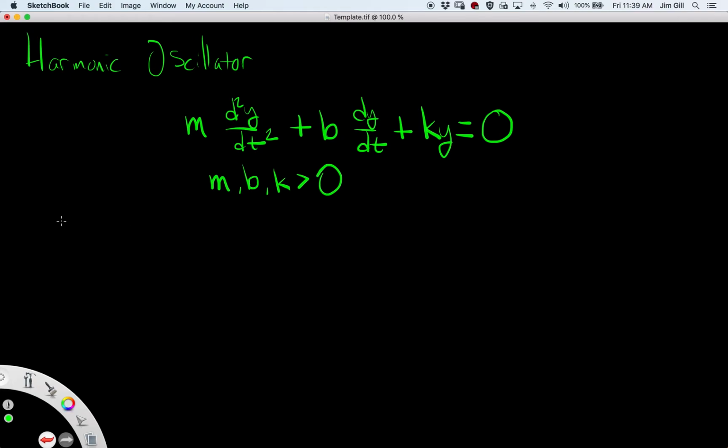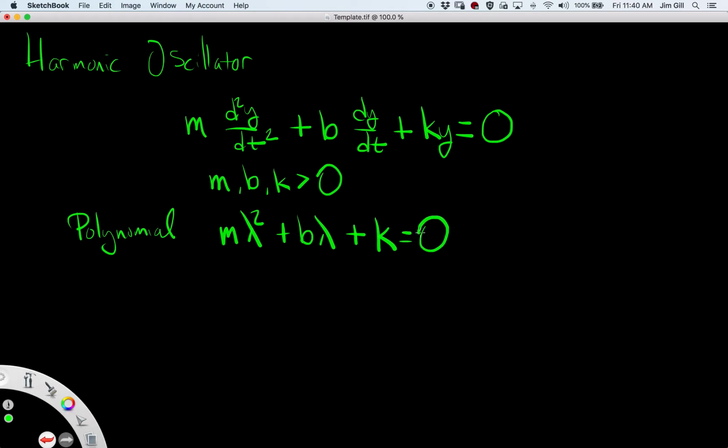And looking at the critical polynomial involved here, the polynomial that we get here is m times lambda squared plus b times lambda plus k is equal to 0. Okay. So that's the polynomial.